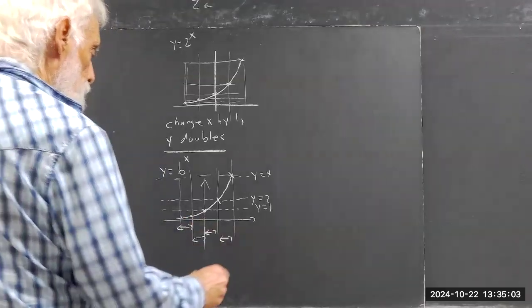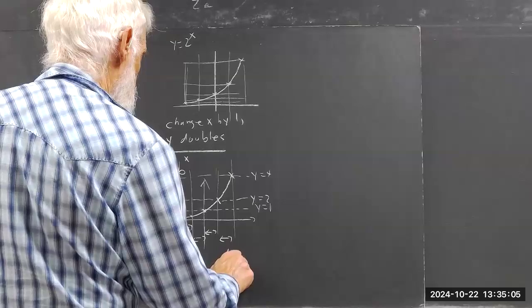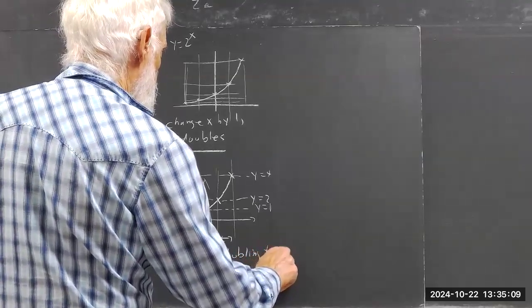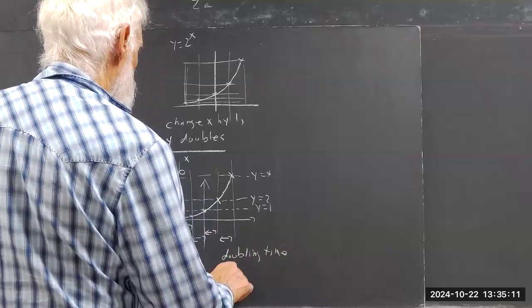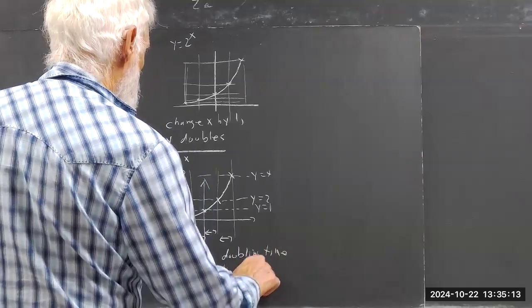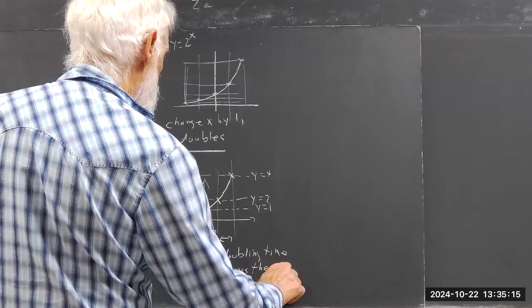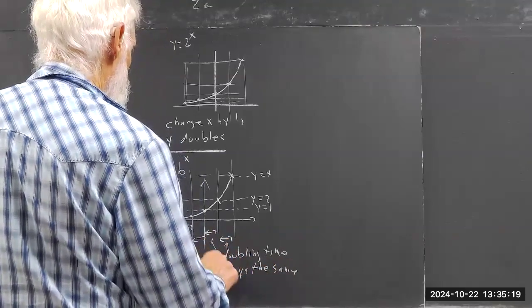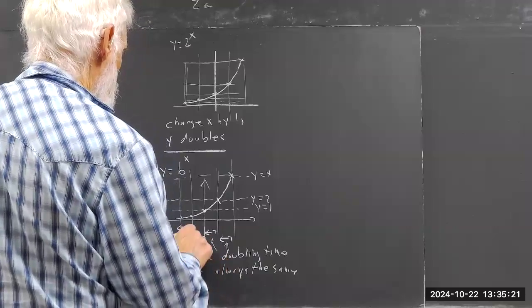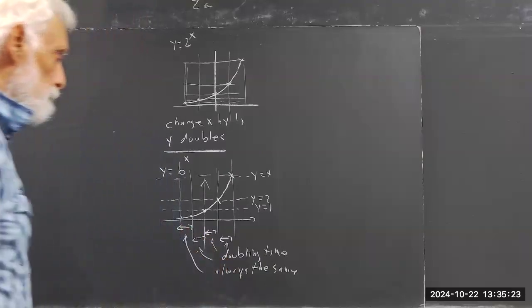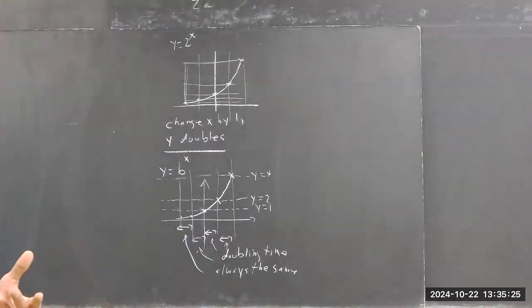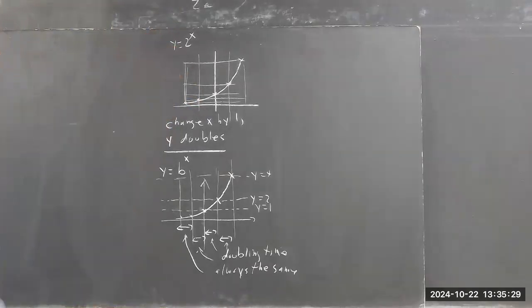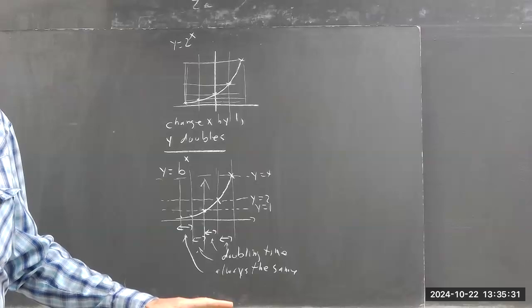Now all these intervals should be the same length, but this is doubling time, and it's always the same. That makes sense? That means you can construct the 2 to the x graph without using any numbers.